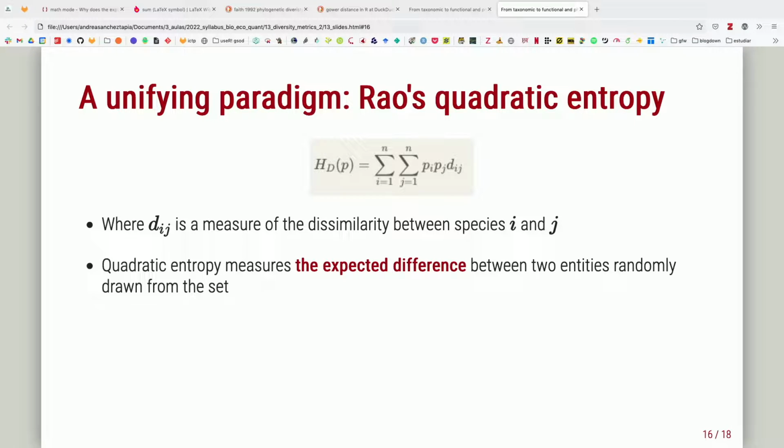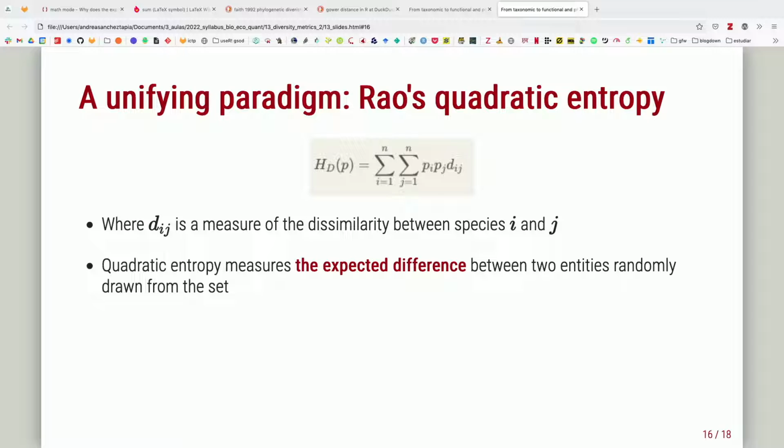And one unifying paradigm of the diversity, taxonomic, functional, and phylogenetic, at the end we're talking about distances, pairwise distances between individuals of a community. So a unifying paradigm that has been proposed is one of the early diversity measures, that is the Rao quadratic entropy.